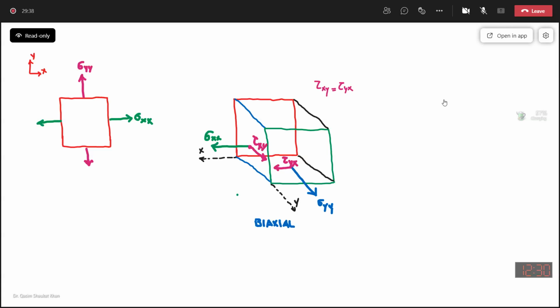Then we have these shear stresses we can show, and these are your complementary shear stresses.